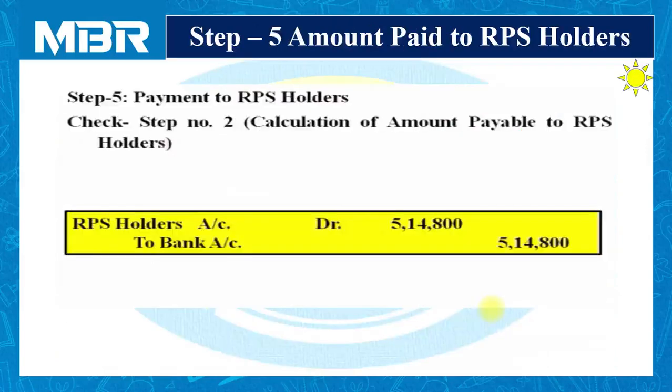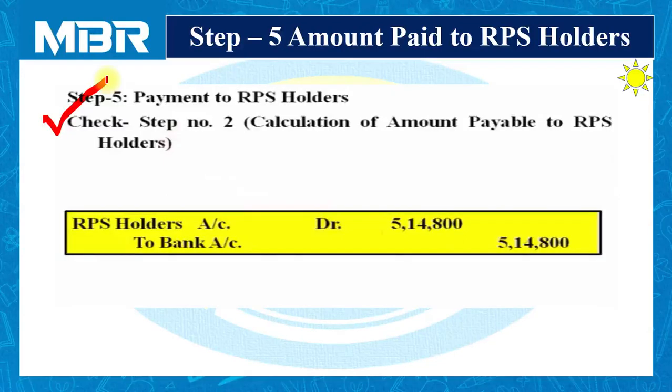Step number 5 is the straightforward and easiest step for this solution. Step number 5 is all about the amount paid to RPS holders. We have to pay the amount to RPS holders, and we have completed the calculation of the amount payable to RPS holders earlier, right?